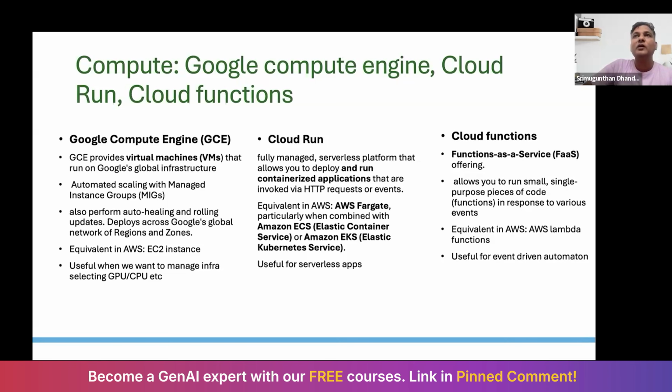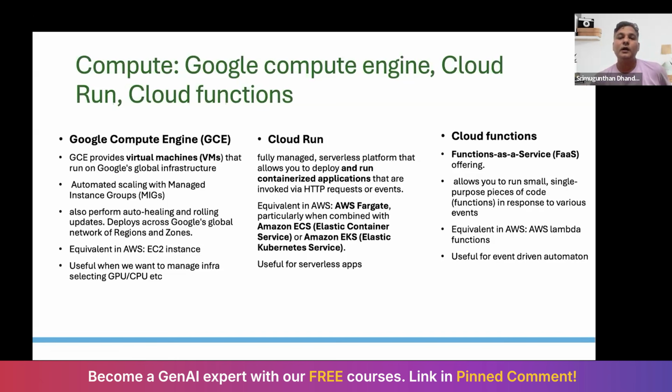If you need that kind of granular control, then you can go for GCE. For those familiar with AWS, I think the equivalent for GCE is the EC2 instance. And GCE has the capability to do auto scaling, and suppose that a node fails, it has auto healing, and all these features are available. So that is GCE. The other service is Cloud Run.